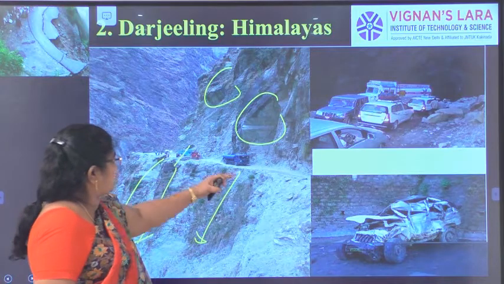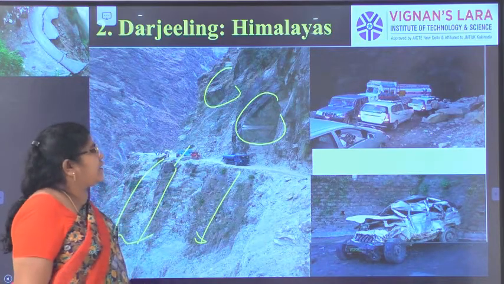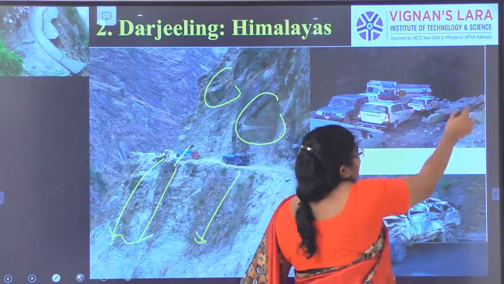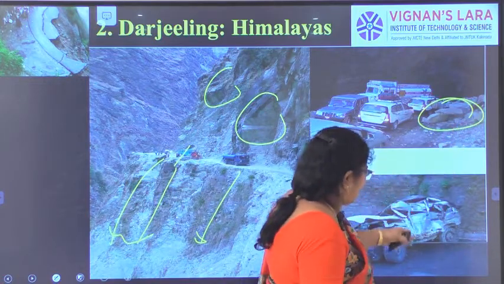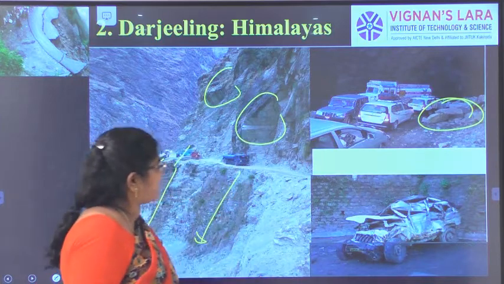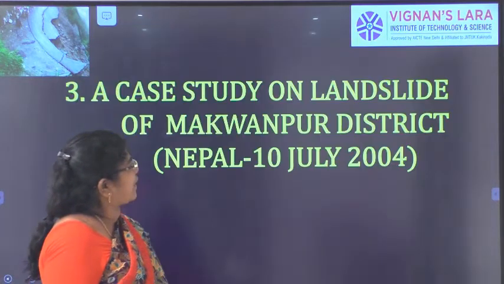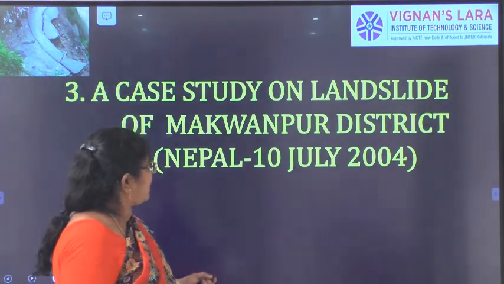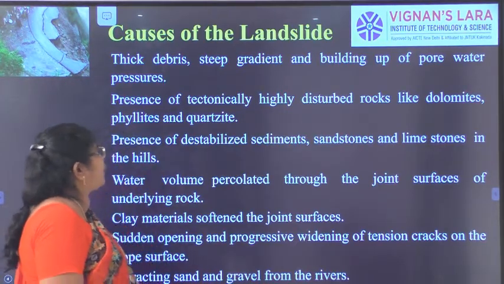So you can see the road was washed away, everything is there. You can also see the stagnated vehicles because of the rock falls. And because of the rock fall the entire vehicle has been pieced to pieces.